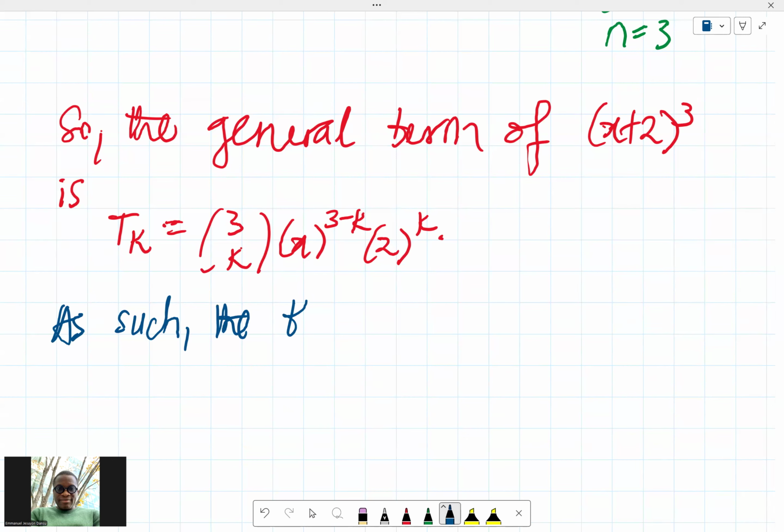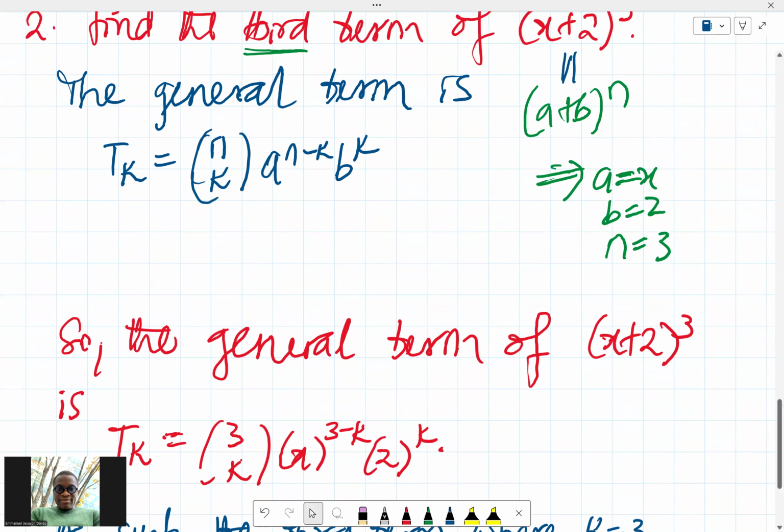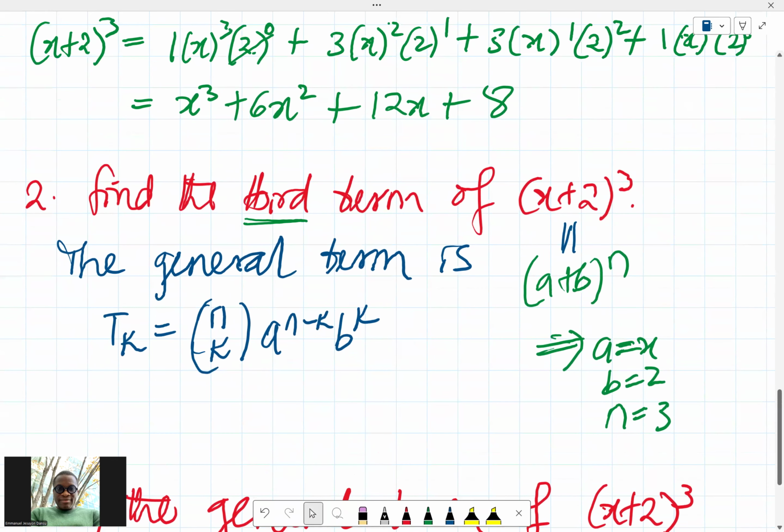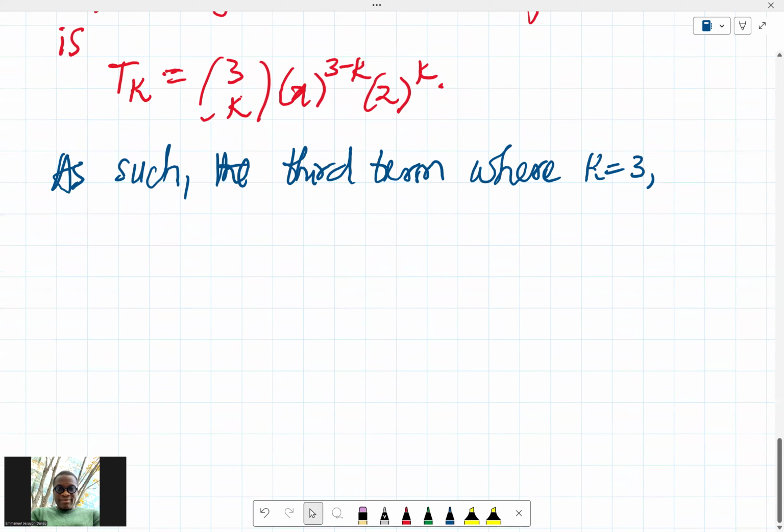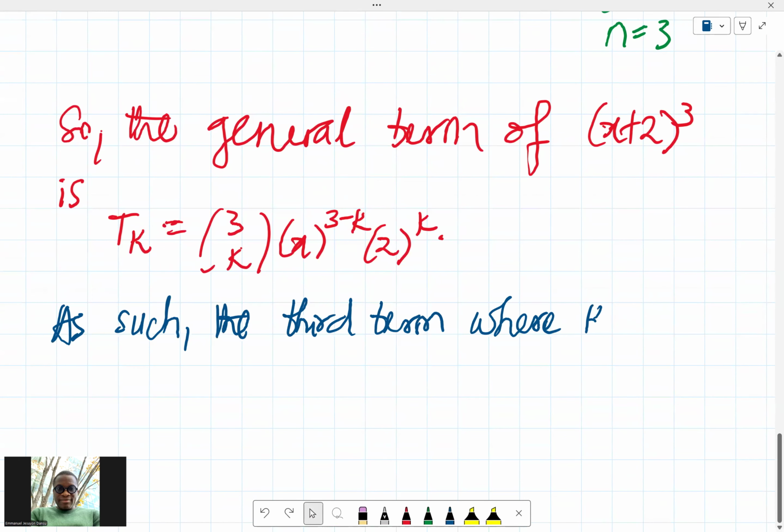the third term, that is it, the third term where k is 3. So for third term now, k is 3? No, no, no, no. Third term is where k is 2. So if you're looking for third term, you reduce the power by 1 because you are starting from 0.